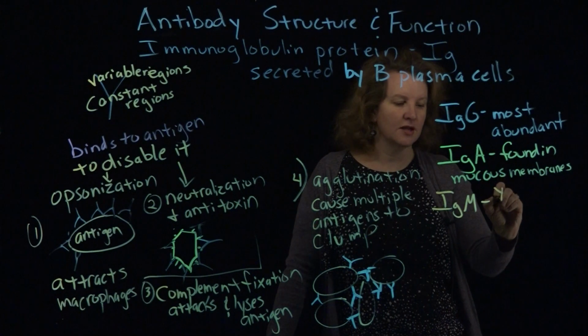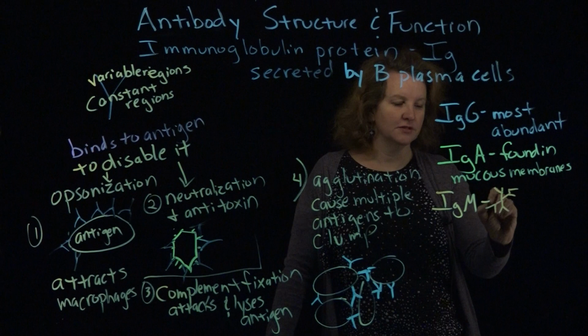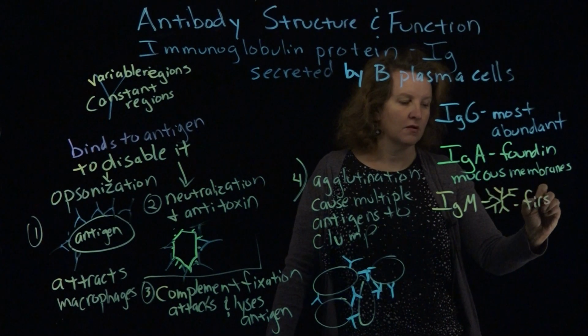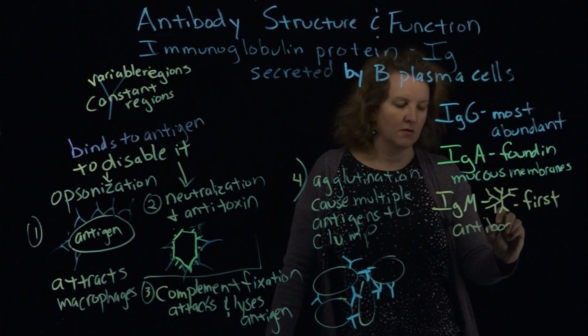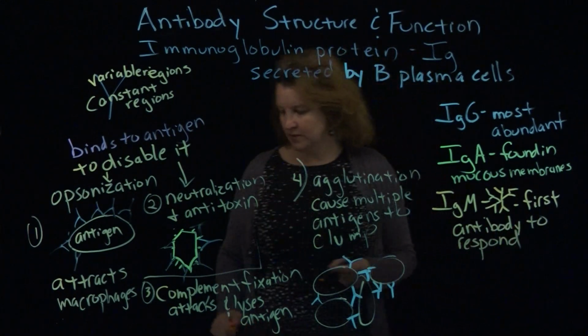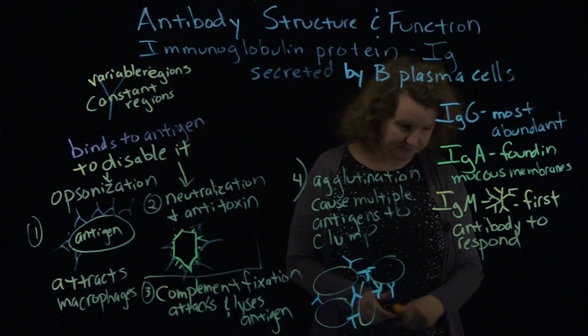And this is the one that has that kind of fun, I don't know if you want to call it a snowflake type surface there. So that's one of the first antibody to respond, at least in that initial infection with inflammation. Okay, and then there is IgD.